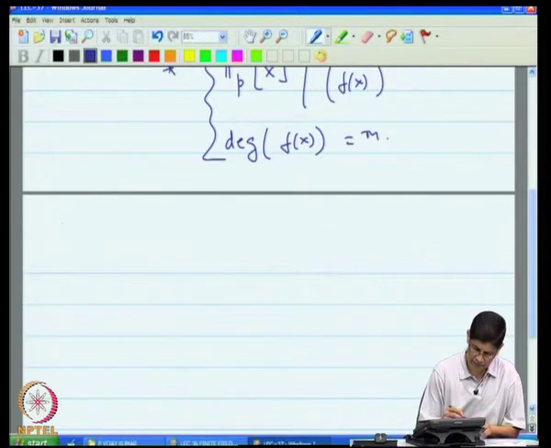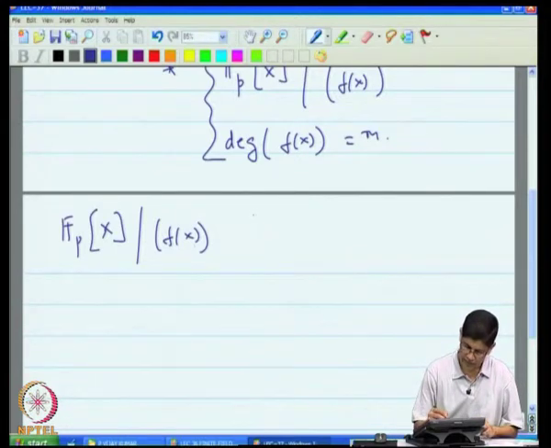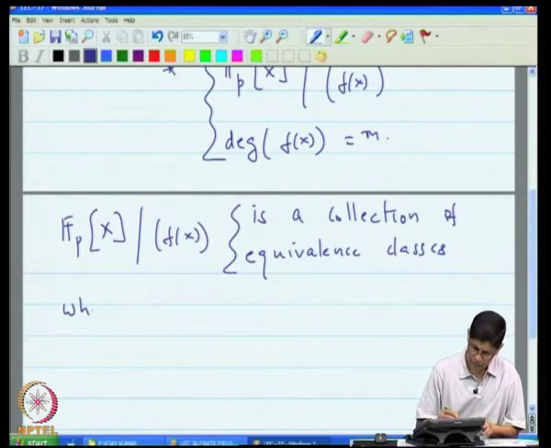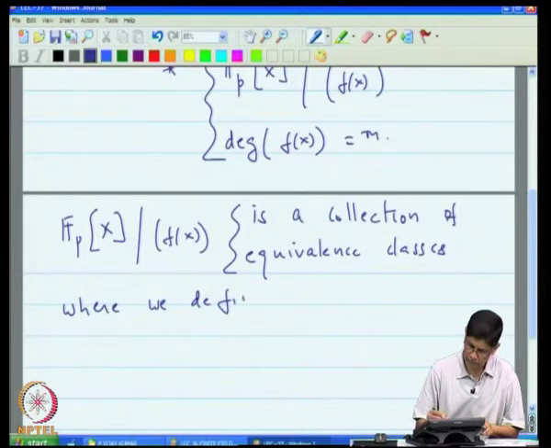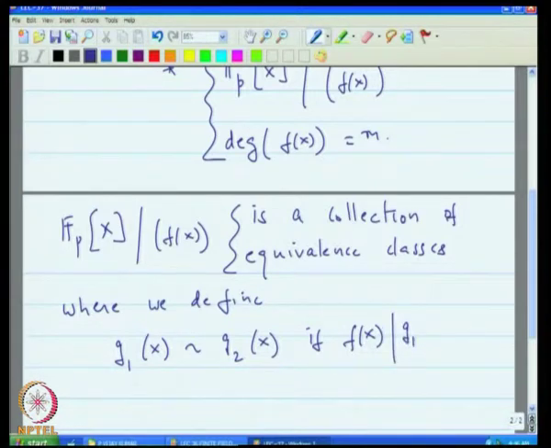First of all, a clarification: you should regard F_p[x] mod f of x as a collection of equivalence classes, where we define g1 of x to be equivalent to g2 of x if f of x divides g1 of x minus g2 of x.